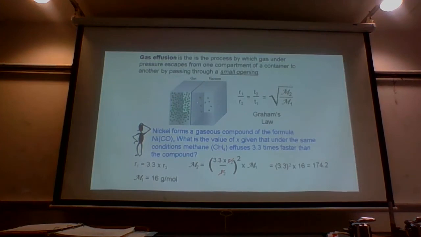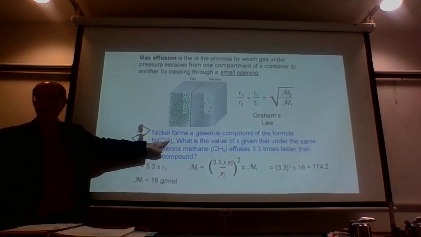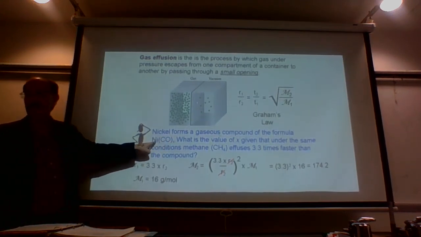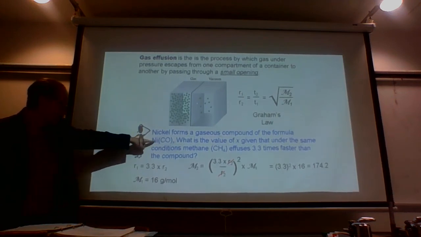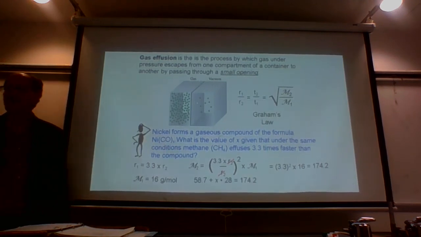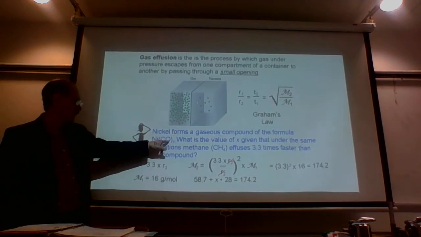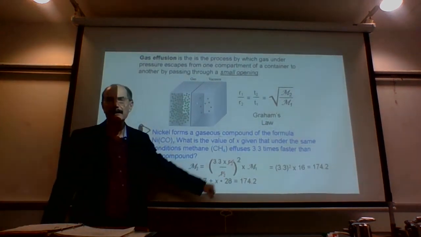But all I know right now is that the compound has nickel, and the carbons and oxygens are in the form of molecules of carbon monoxide. They're not spread out, they're actually molecules. I need to find out how many molecules of CO I have per nickel atom. So I'm going to say, well, nickel is about 58.7 grams per mole. Carbon monoxide is 12 plus 16, about 28 grams per mole.